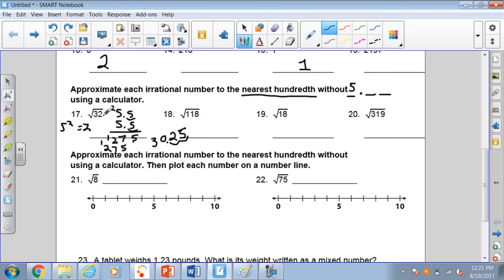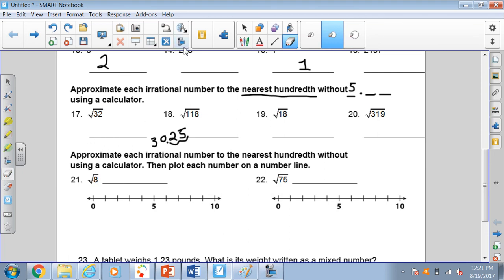So let's find out if maybe 5.6 will get us closer. And I'm going to erase this work right now. You know what, I'm going to do my work down here just so that it is not in the way of what I'm doing up here. So 5.6 times 5.6, and that's going to give us 6 times 6, which is 36, and 5 times 6 is 30, plus 3 is 33.